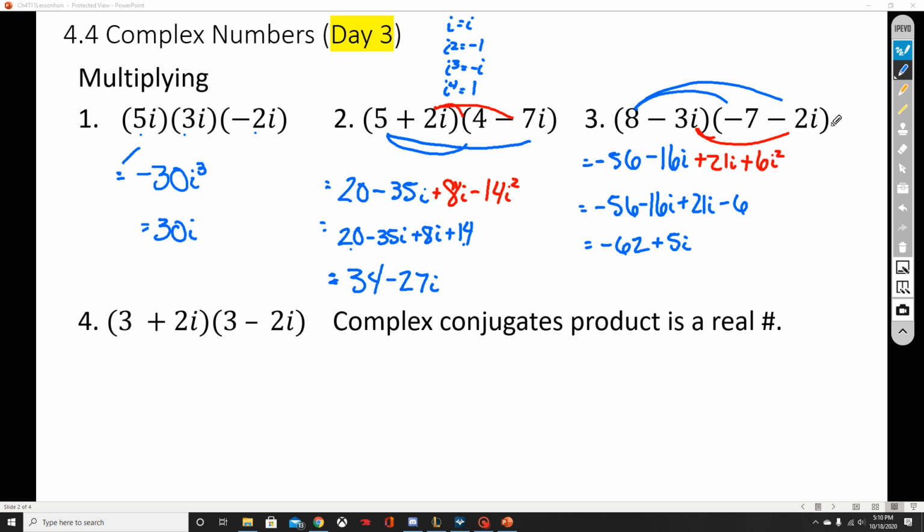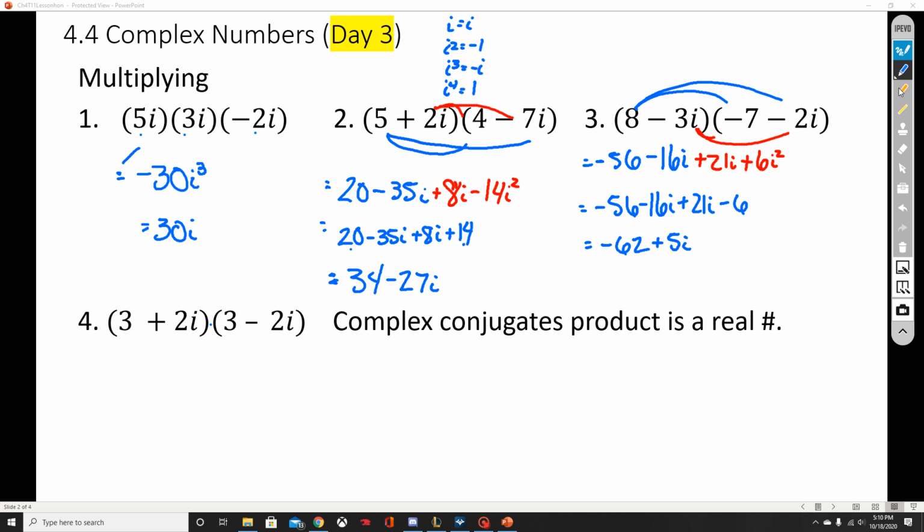Now, the next one, number 4, this is called a complex conjugate. These two are called complex conjugates of each other because when you multiply complex conjugates together, you get a real number.